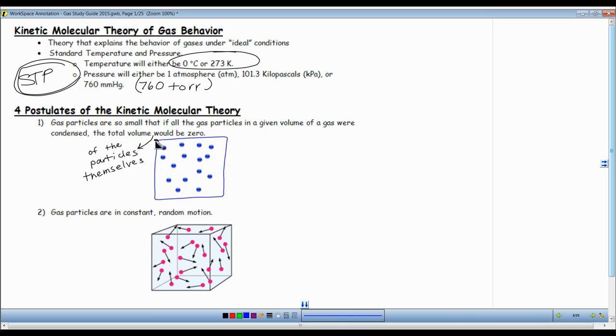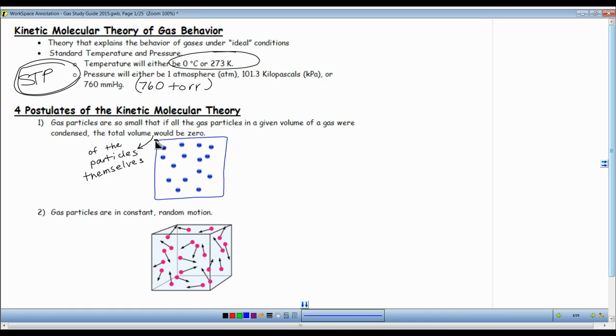This statement is saying that if all the gas particles in this container were condensed, all smushed together as close as I could compact them, the volume of the particles would be so small that we'd call it 0. The volume occupied by the particles themselves would be 0.